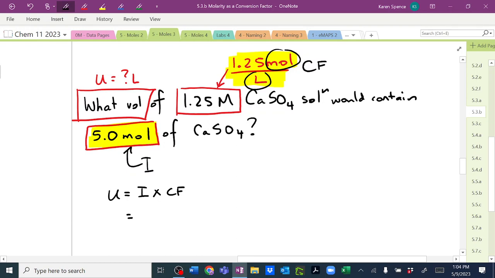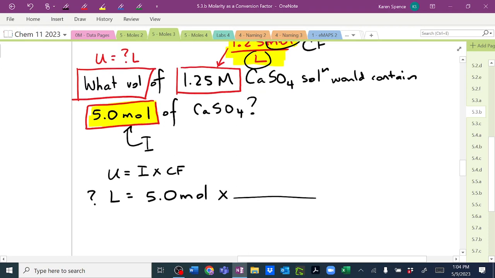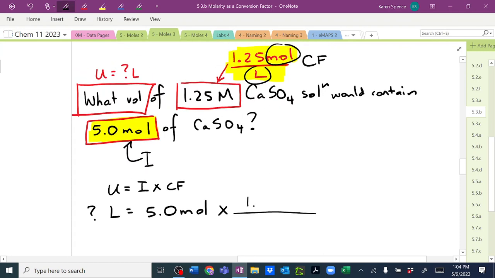And that is equal to, so we want to know the number of liters. We are starting with 5.0 moles. And it's important here that you put in your units first, because if you don't, people have a tendency to just write down 1.25 moles per liter, and then they're solving it, and then they just get it wrong.